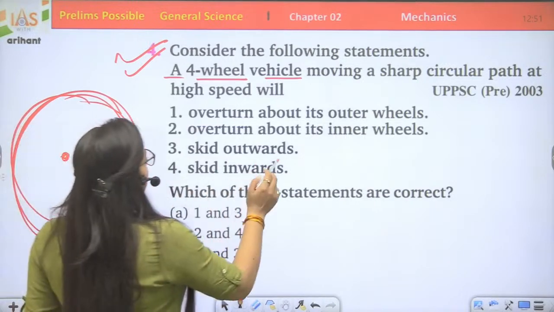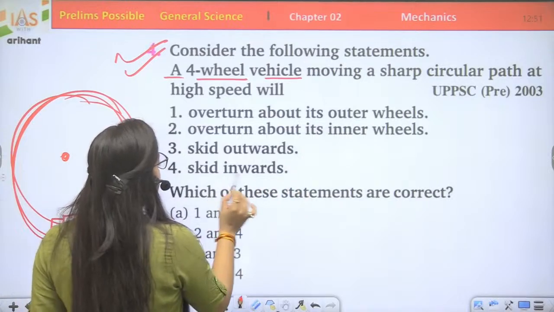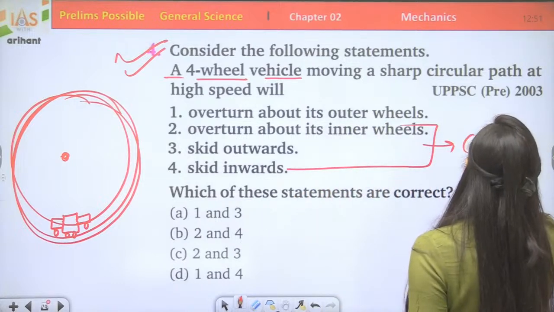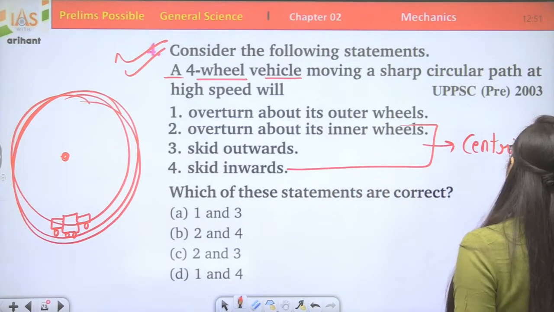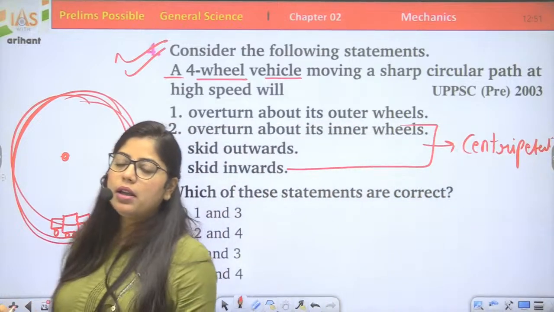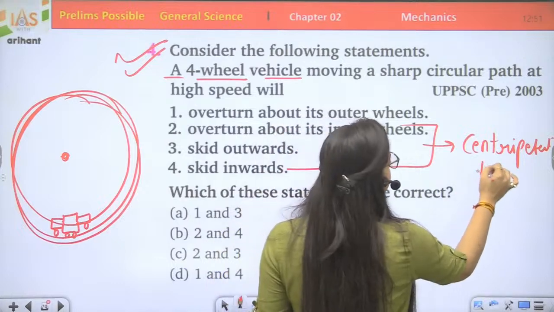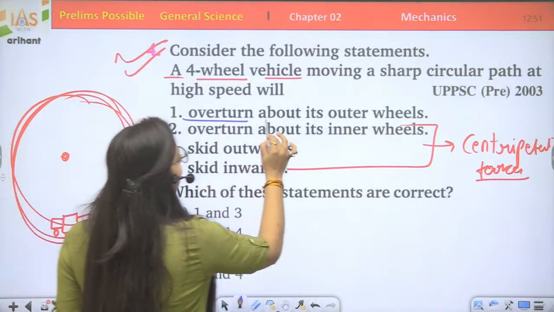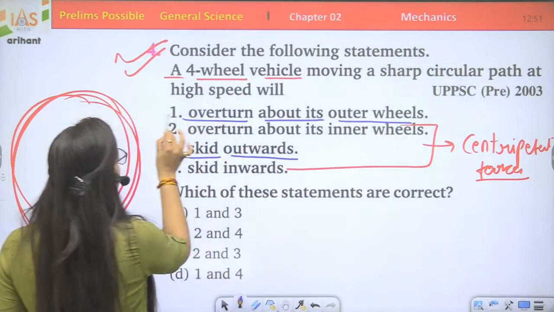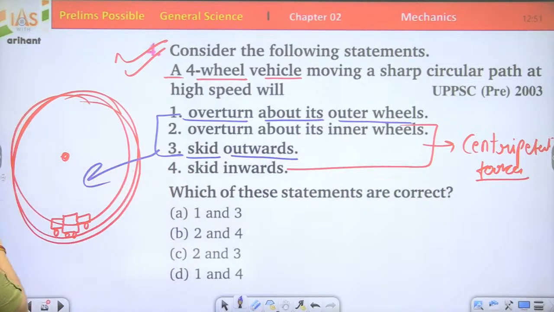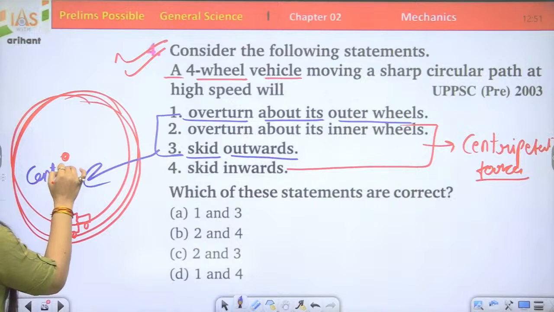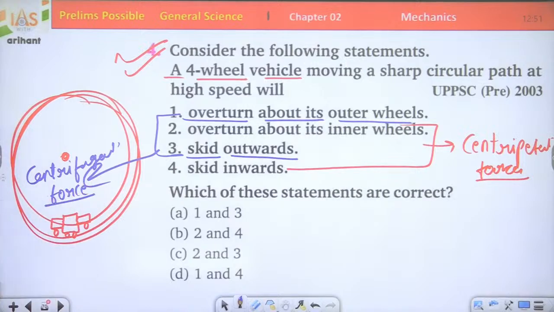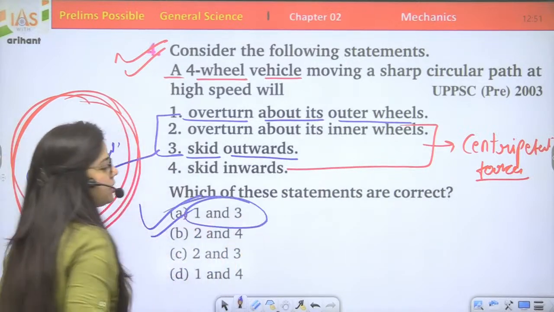So overturn about its inner wheel and skid inwards happens with the centripetal force, right? Centripetal force. But overturn about its outer wheels and skid outwards, first and third, shows centrifugal force. Clear? So option A, first and third, is the right answer.